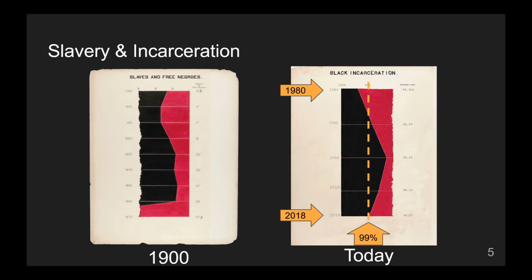Worth noting is that 1980 marked the start of Ronald Reagan's presidency, which introduced an era of bipartisan tough-on-crime rhetoric that disproportionately affected black incarceration rates. So we see a sharp increase in black incarceration from 1980 to 2000, and then finally we see a warped V shape start to take form, where we now have a slightly lower but opposite rate of incarceration. So we're seeing a little bit of decarceration leading into 2018.